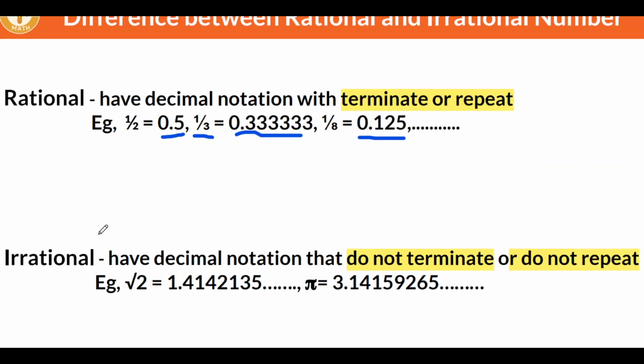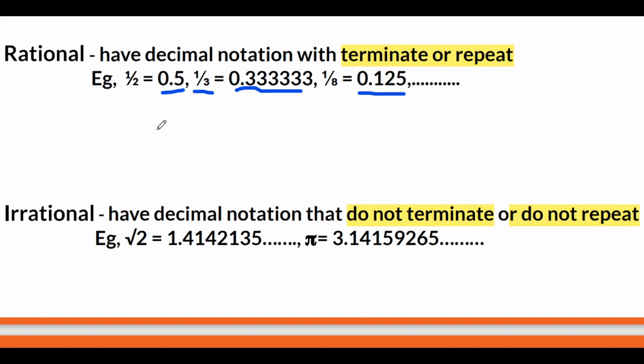So let's look into irrational numbers. Irrational numbers have decimal notation that does not terminate and does not repeat. For example, root 2. The value of root 2 is 1.4142135, and behind it there are many more digits.